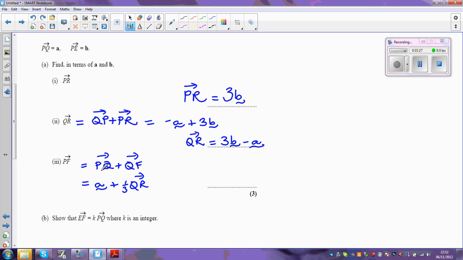Okay, so PF is the same as PQ plus QF. PQ is just the same as A, and QF is 1/3 of QR.